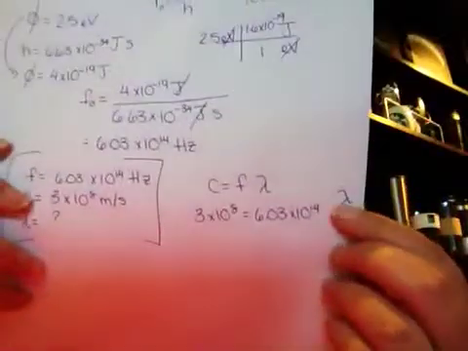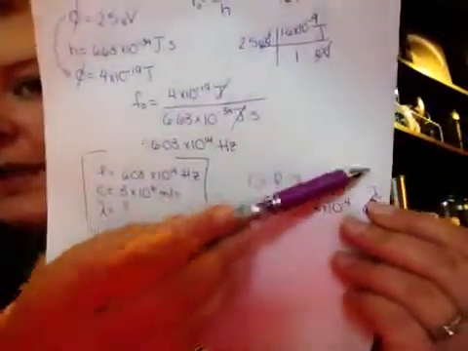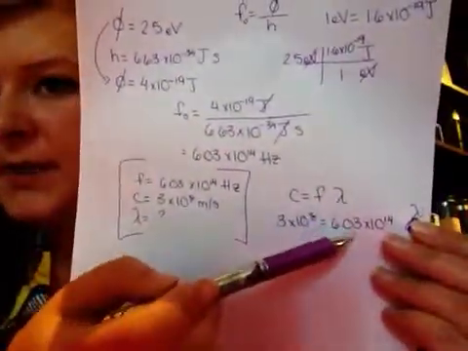So let's go ahead and plug everything in. I know C is 3 times 10 to the 8th. I know my frequency is 6.03 times 10 to the 14th. And I'm trying to find my wavelength. So to get lambda by itself, I divide both sides by the frequency.